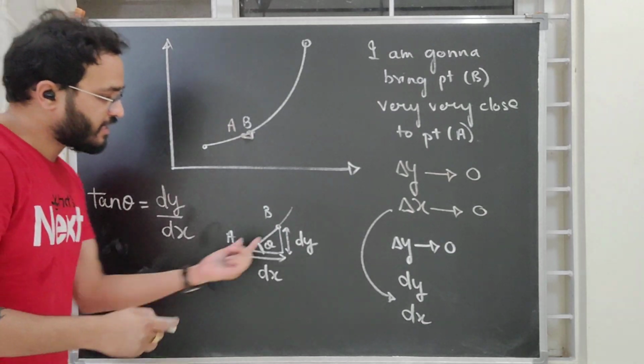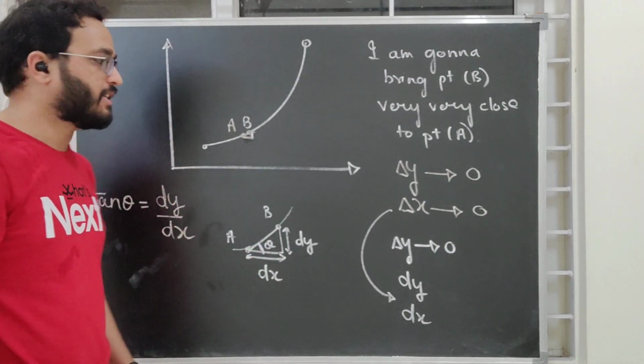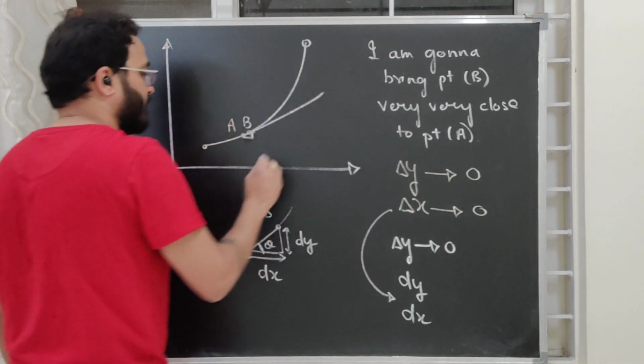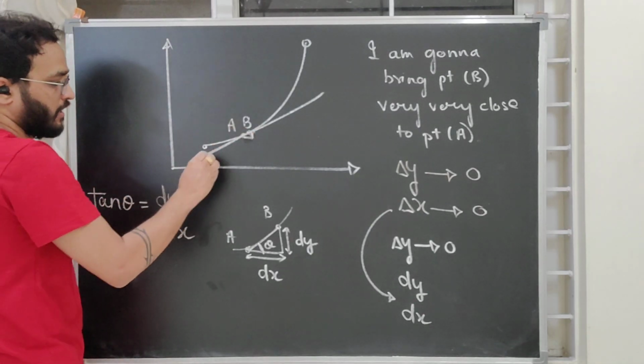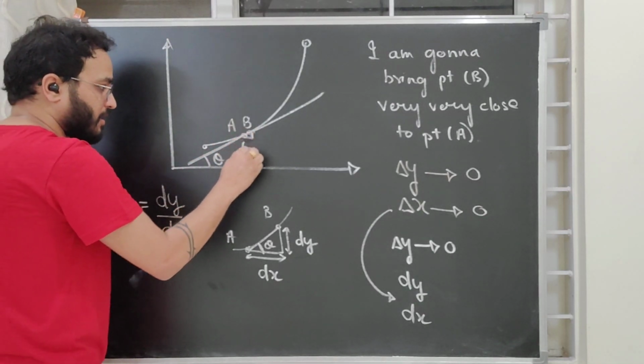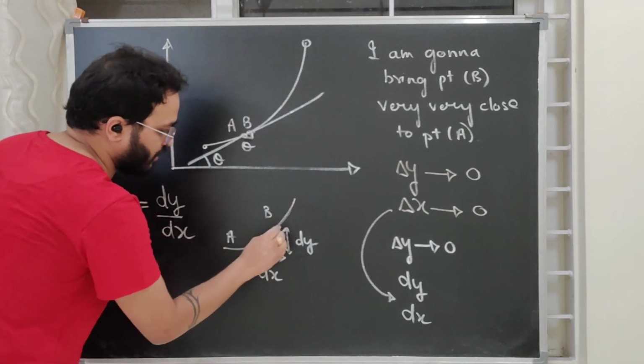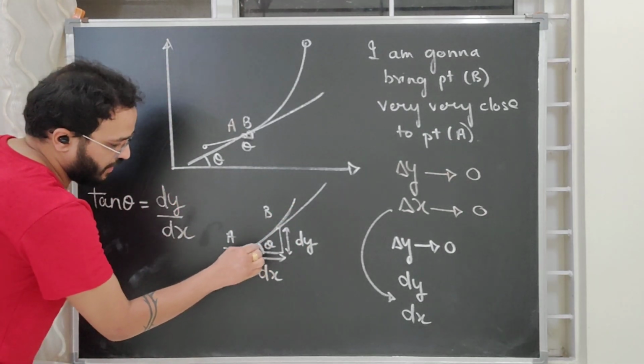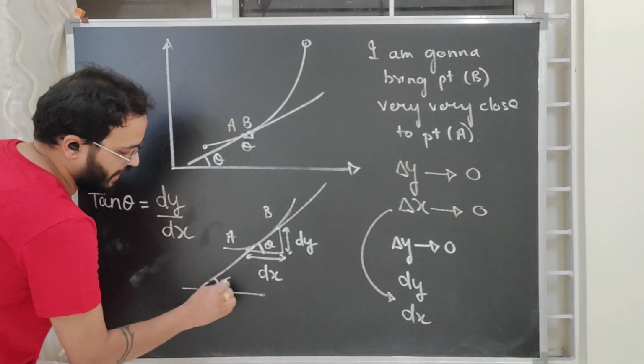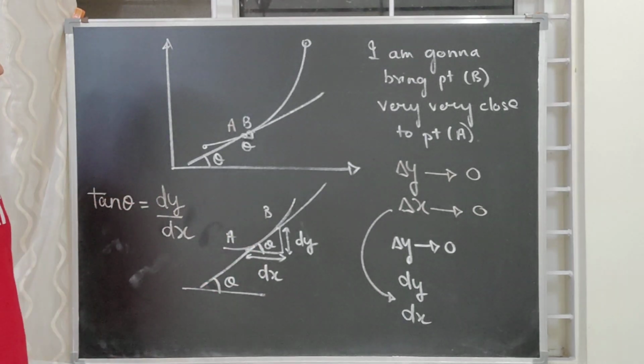Now what is this hypotenuse right now representing? If you extend this, can you see that? This angle is also theta. That means if suppose this is the curve and I extend it, don't you think I am actually getting a tangent here at point A?